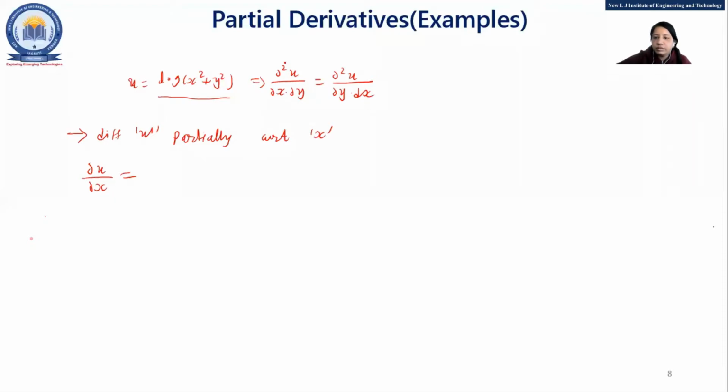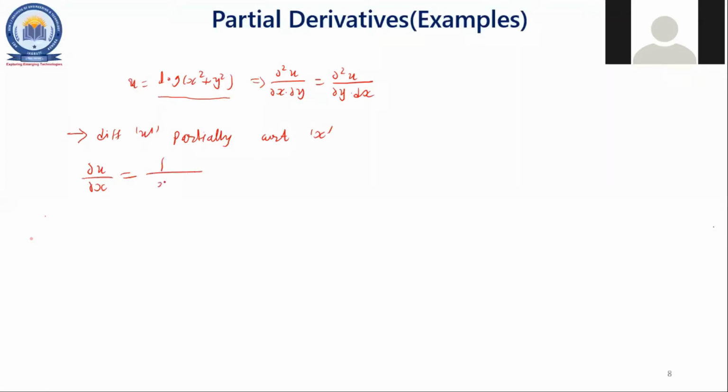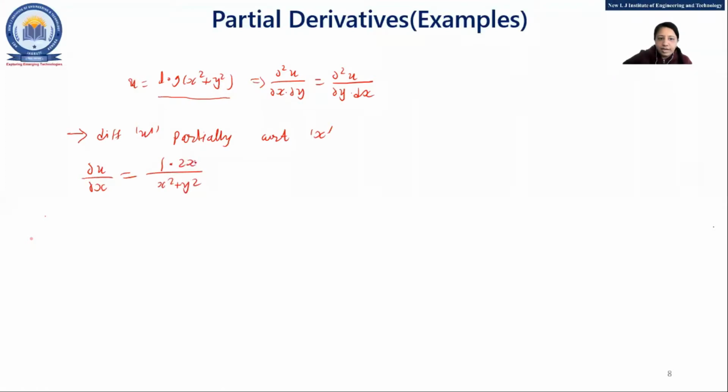Okay, yes, 25 number, unmute yourself. Del u by del x equal to 1 upon x square plus y square into 2x. Okay, so here I'll write 2x. Fine. And what is for del u by del y?